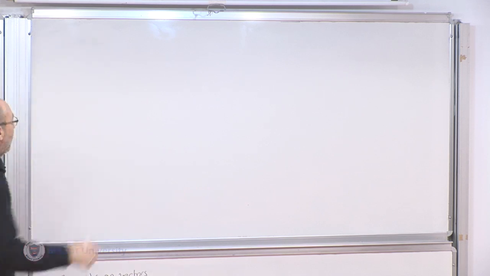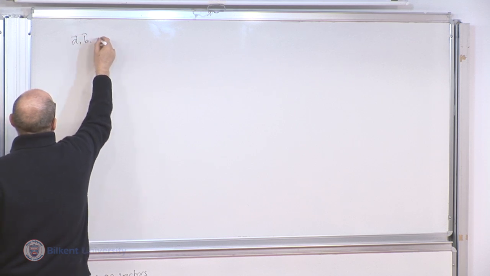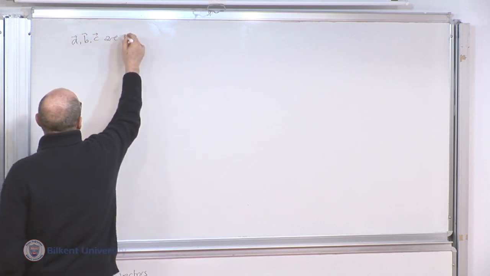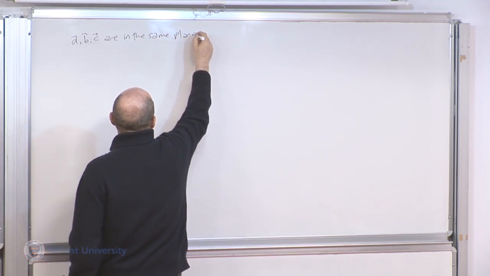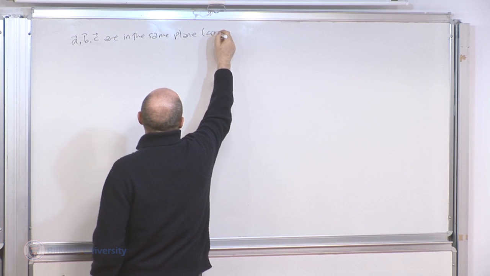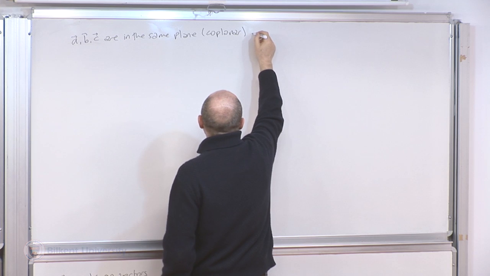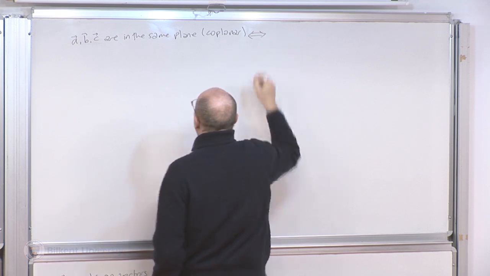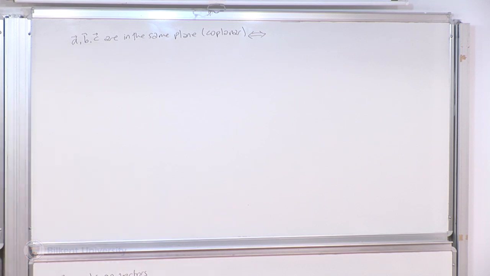This is what we are interested in: A, B, and C are in the same plane, so we call it coplanar, if and only if... both things are the same. Okay, so we make this interpretation. B and C of course form a plane, and A is in that plane.